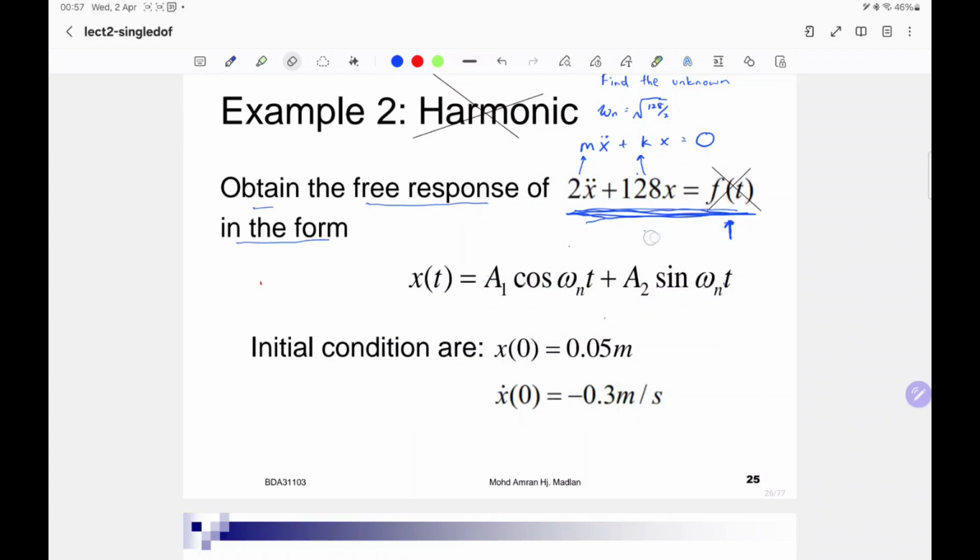So to find A1, we need to use the initial condition.